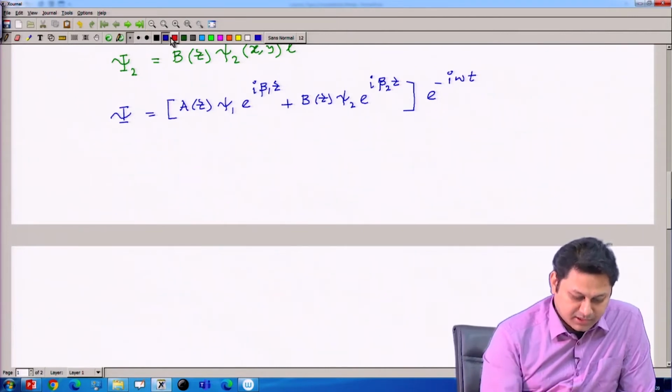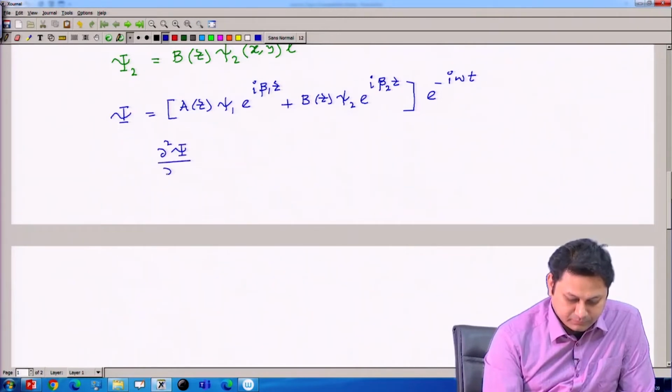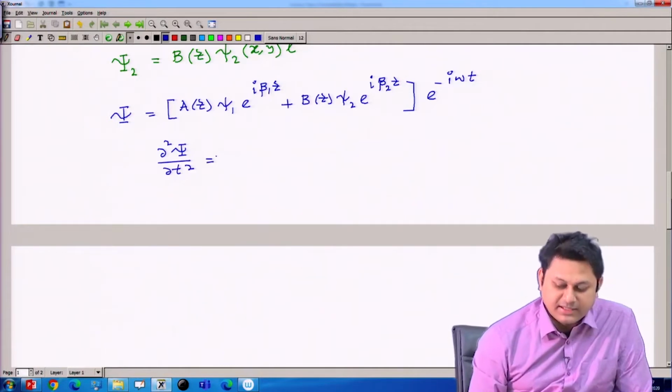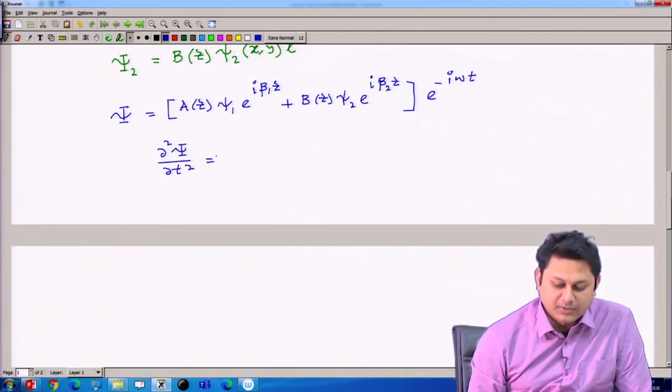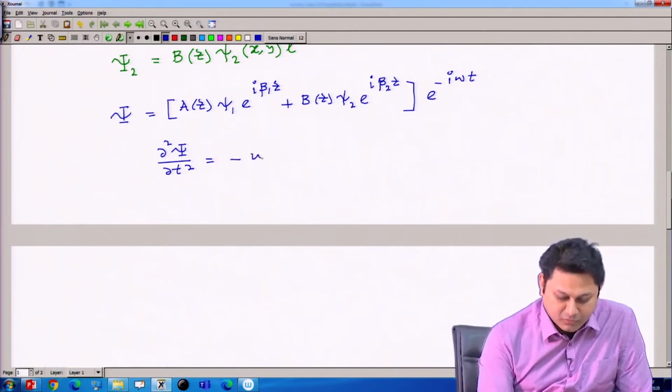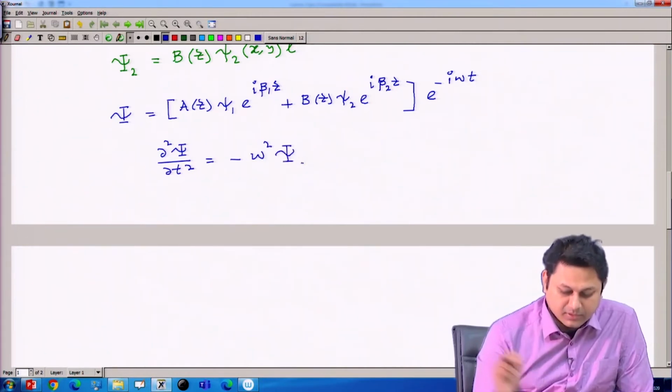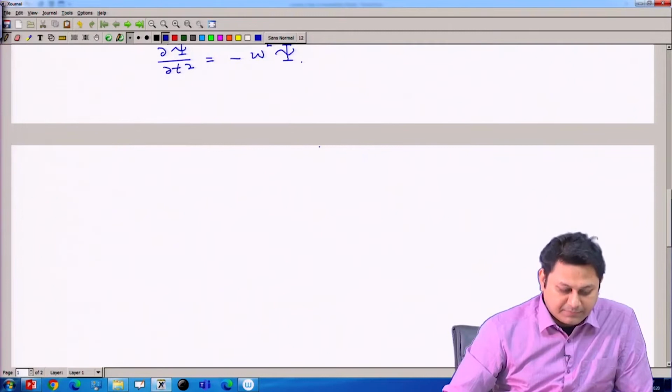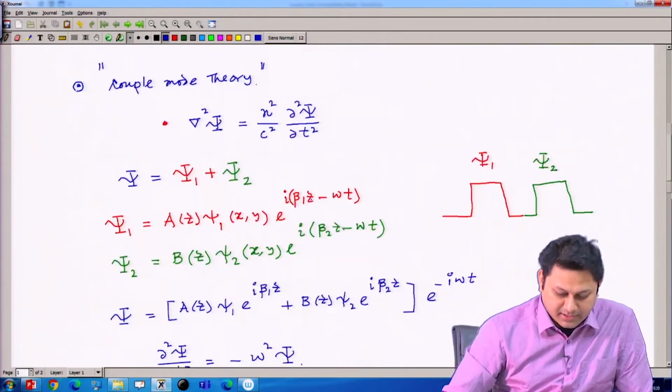The first thing I can do is extract this term quite easily, because the t dependence is only sitting in the last term, e to the power of minus I omega t, and if I take a double derivative with respect to time, it gives minus omega square and then big psi. That is my right hand side term, whatever is here.